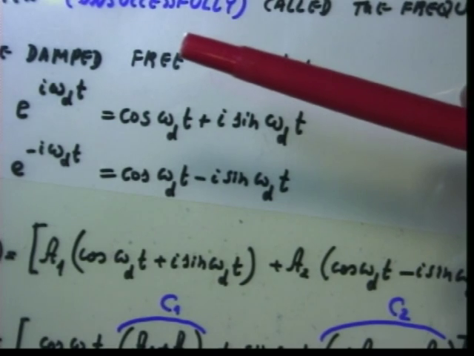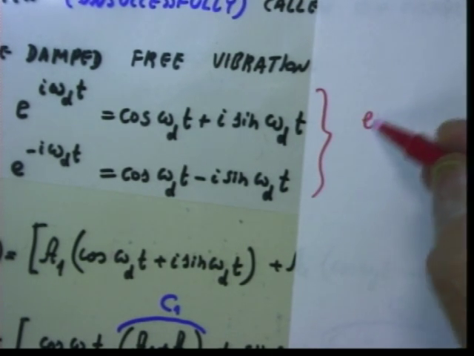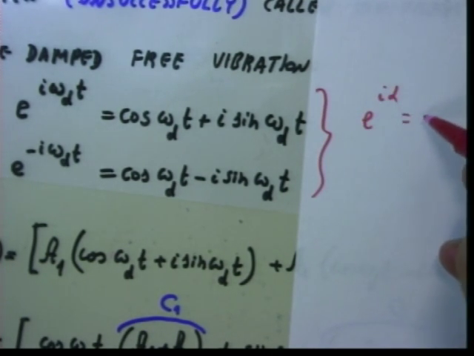Now here comes in handy Euler's formula. Maybe the most important formula in mathematics is like this: e to the power i alpha equals cosine alpha plus i sine alpha.